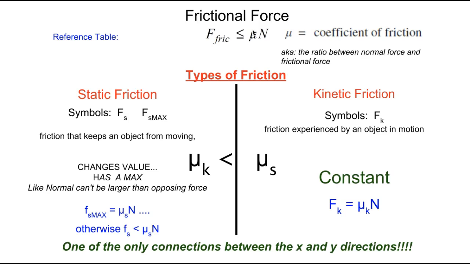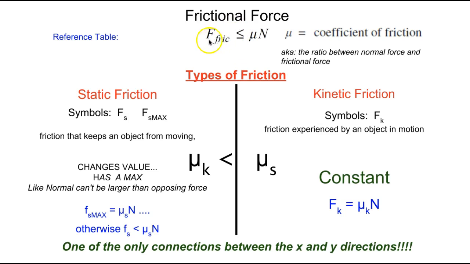That coefficient is the ratio between the 2 surfaces, such as table and book, or wheel, rubber tire, and asphalt. Whatever that number would be, you can Google and get this coefficient. These are known coefficients times the normal force. Those 2 numbers multiplied together will be greater than or equal to the frictional force.